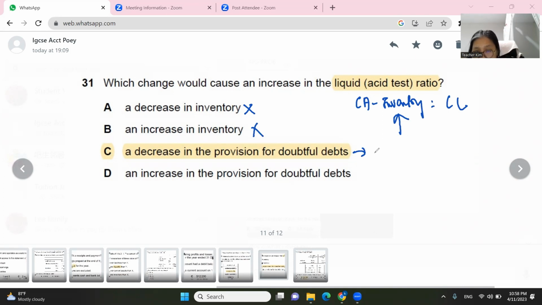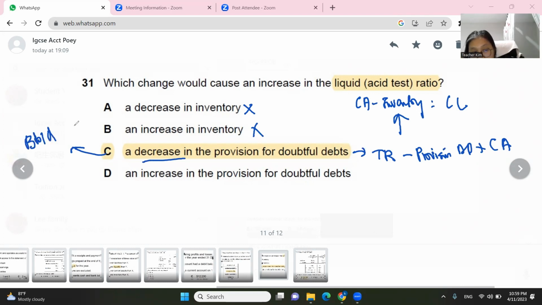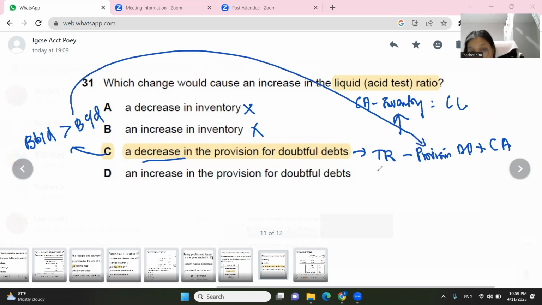The provision for doubtful debts is deducted from trade receivables. This goes to the current assets. When this is a decrease, it means the balance b/d is bigger than the balance c/d, and the balance c/d at year end is the one we take into here.